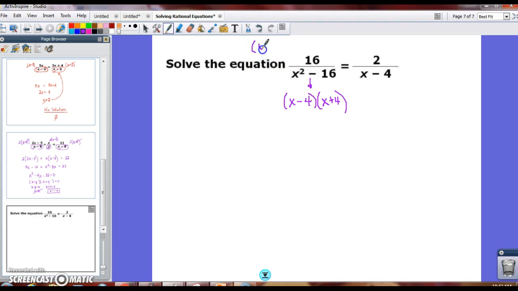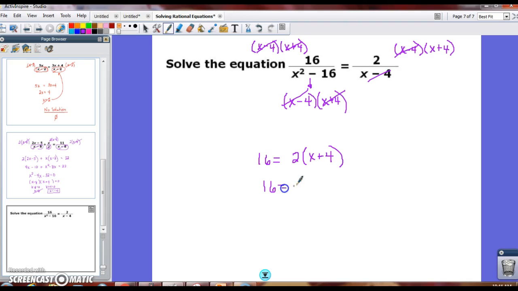I multiply each term by x minus 4, x plus 4. Here the whole thing cancels, so I have nothing left there. And here the x minus 4's cancel. So I'm left with 16 is equal to 2 times x plus 4.